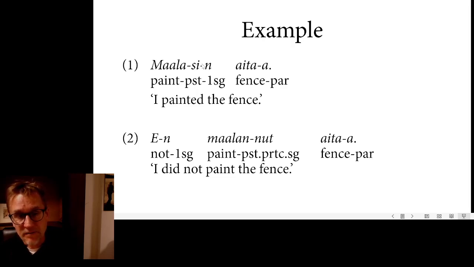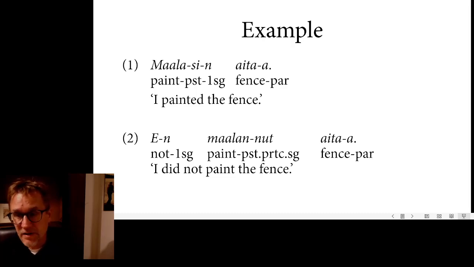Notice that the pronoun I, or minä, is not overtly expressed in this sentence, and that's because Finnish is one of those languages where you can drop the subject pronoun under some circumstances, not always, but here it's possible. And aitaa, which is fence, has a partitive case suffix at the end. The sentence means I painted the fence, or I painted some fence. We can ignore that distinction here because we'll be focusing on agreement.